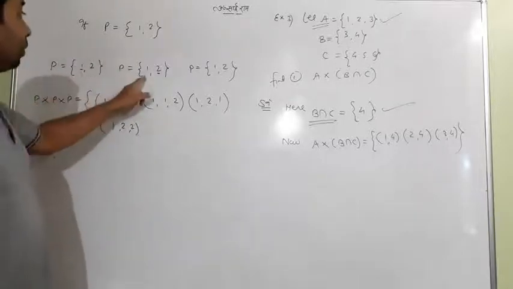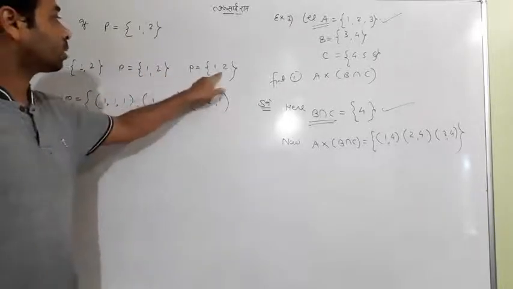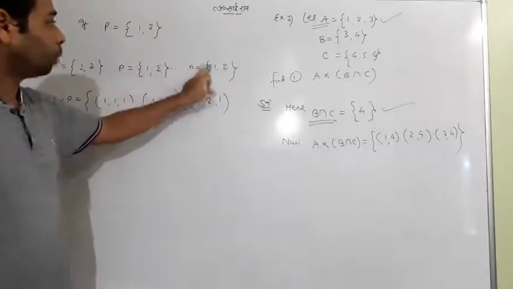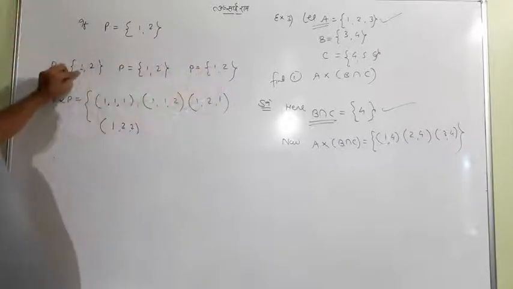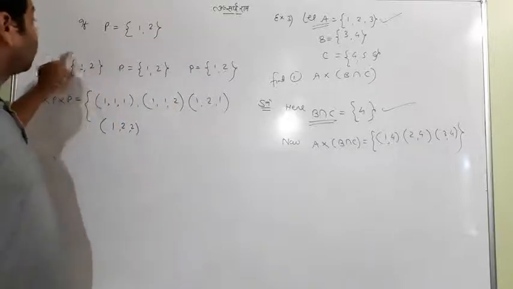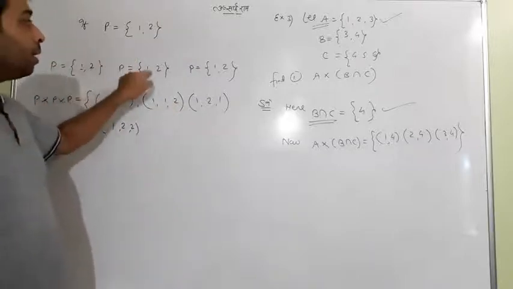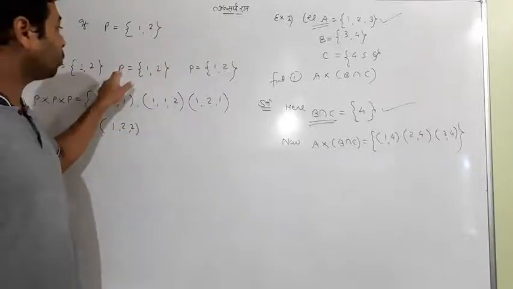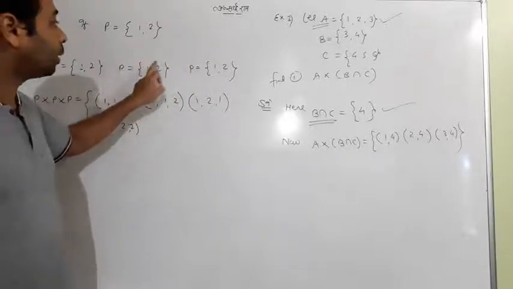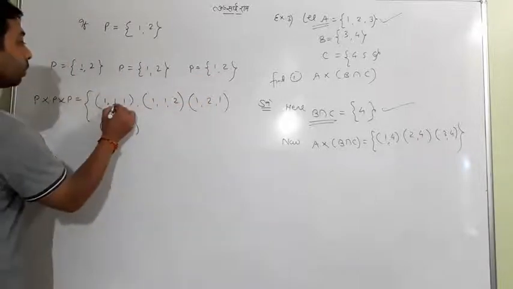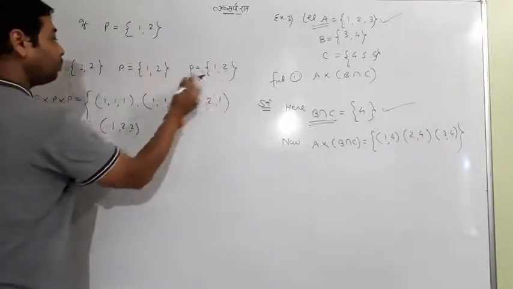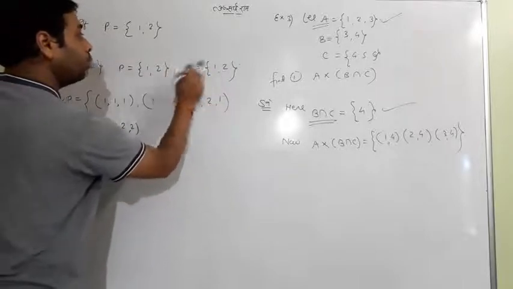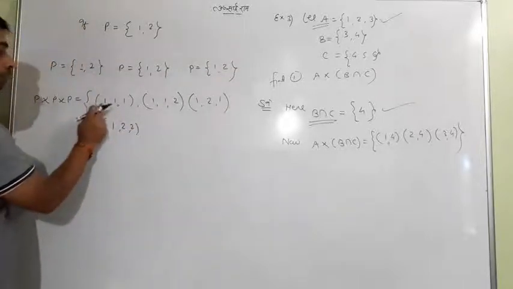Then along with 1, I took all the possible elements of the Cartesian product of P cross P, like 1, 1, 1, 2, 2, 1 and 2, 2.